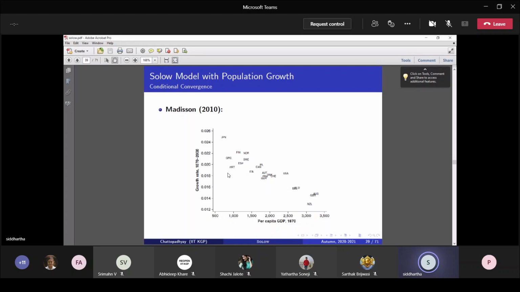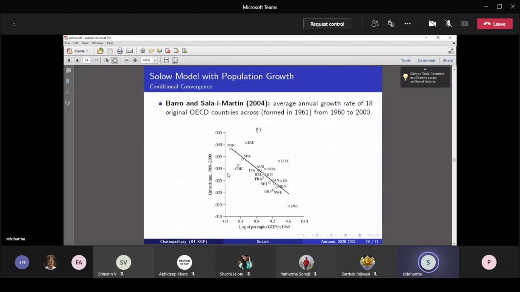So among the homogeneous set of countries, that is, the developed countries, the poor countries are growing at a higher rate than the richest of these countries.